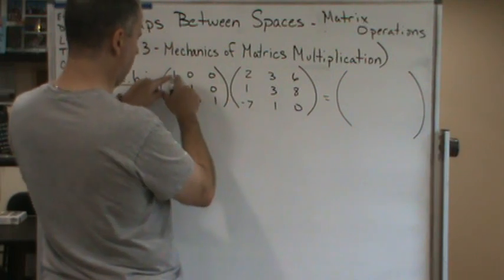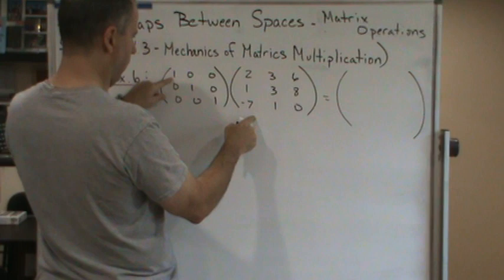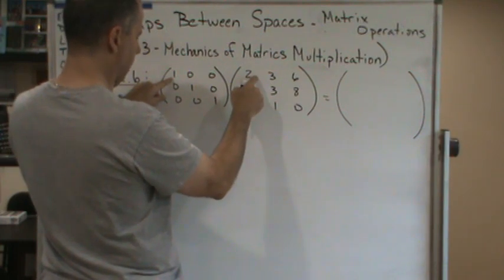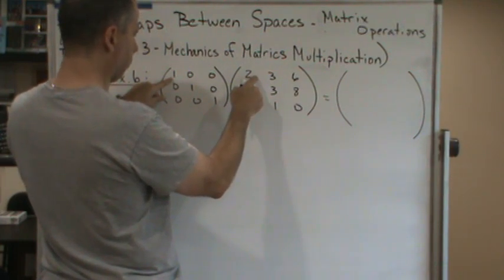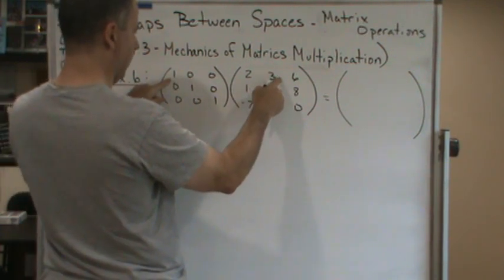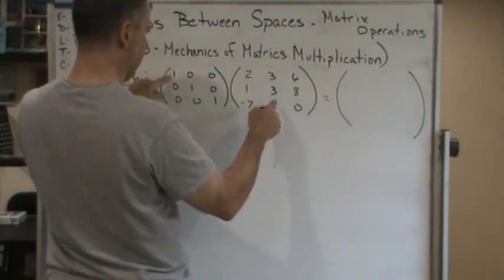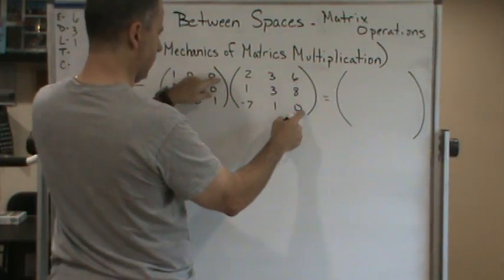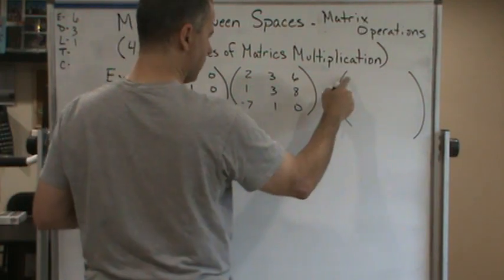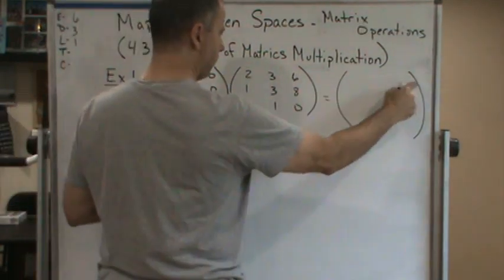So if we go here, you get 2, 2, 0, 0. And then the next one is going to be 3, 0, 0, so we'll get 3 here. And then the next one's going to be 6, 0, 0, so it's just going to be 6. So it's just copying over the first row into the first row.